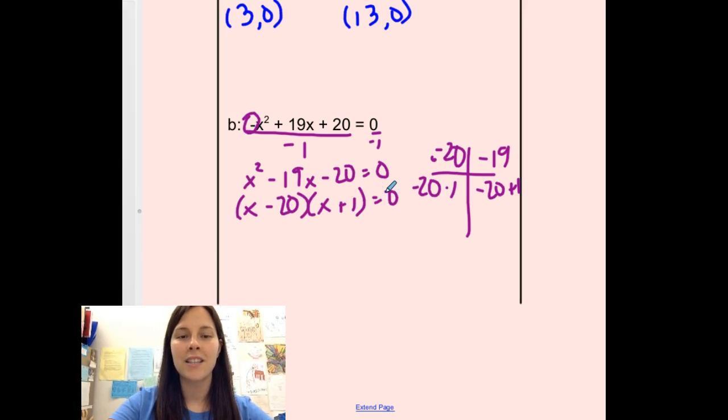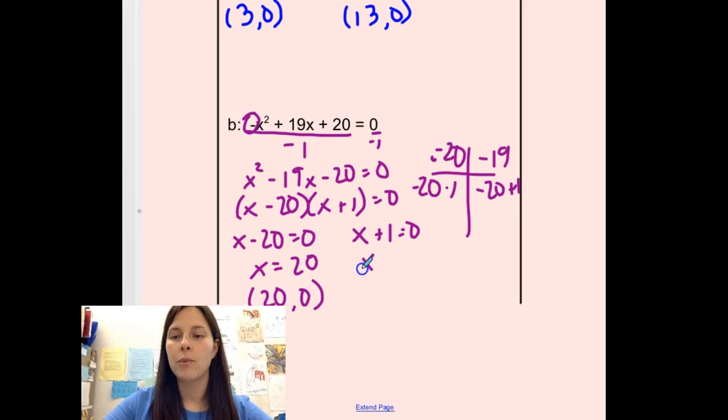And then we can set each set of parentheses equal to 0. Solving our first equation by adding 20 to both sides, our ordered pair would be 20, 0. And the second one, we will subtract 1 from both sides. So our ordered pair x is -1 when y is 0.